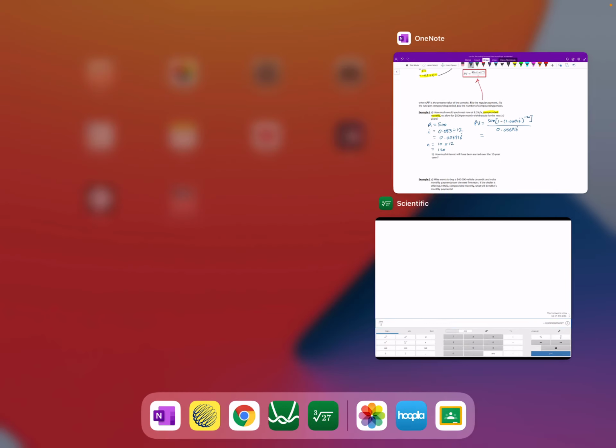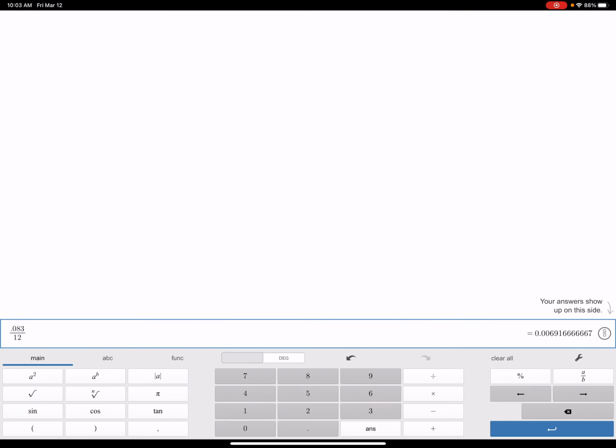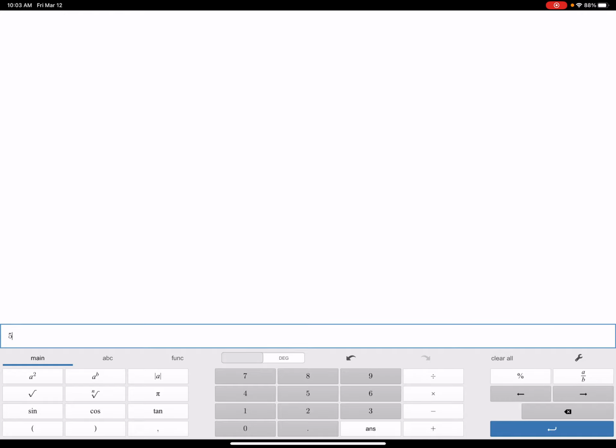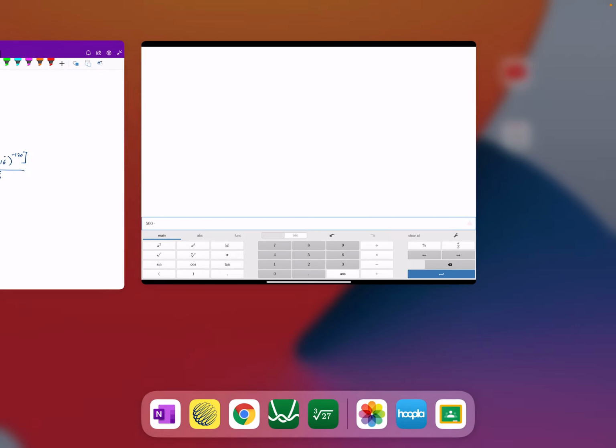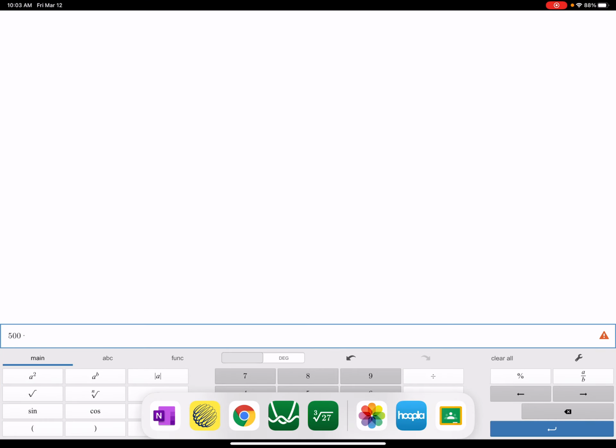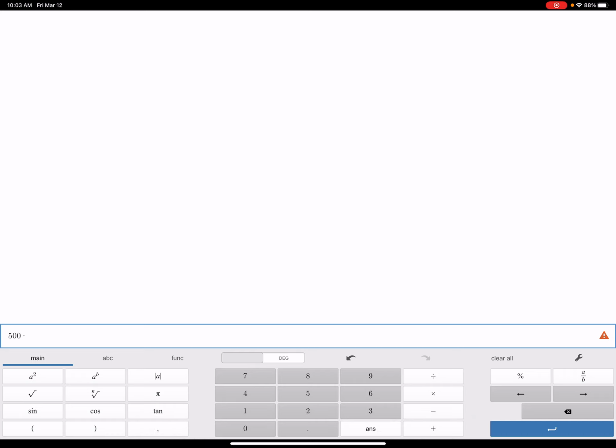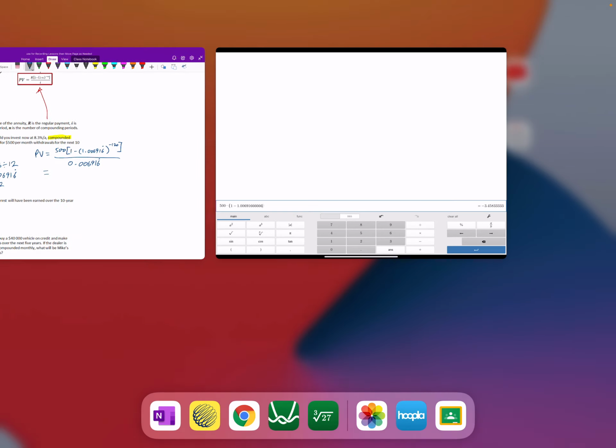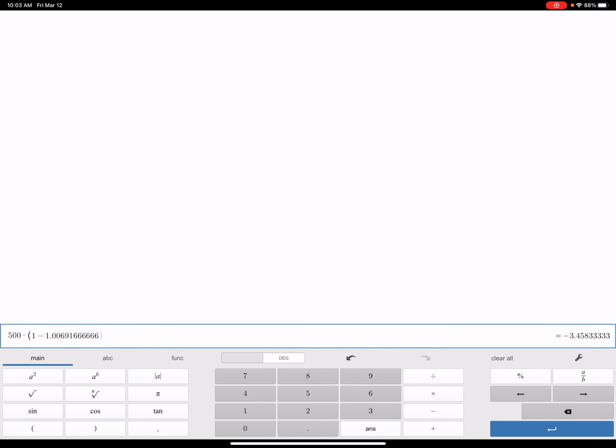Okay, let's put that all in the calculator. 500 times 1 minus 1.006916. Let's do a bunch of sixes there. To the exponent negative 120.